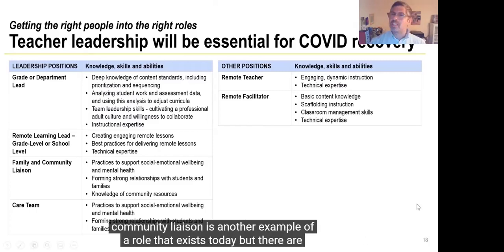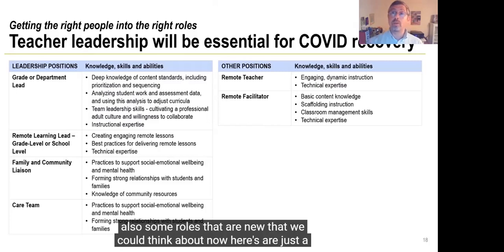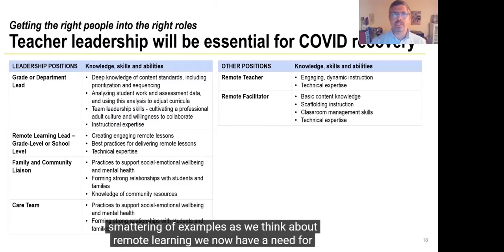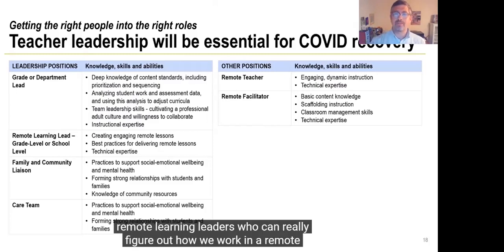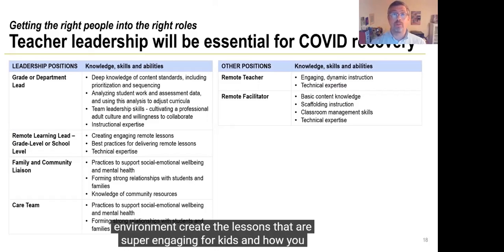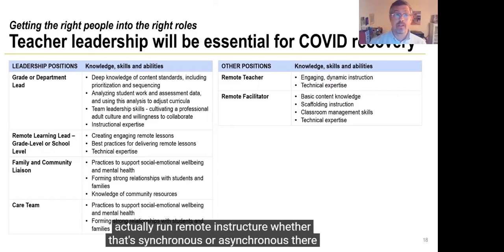Family community liaison is another example of a role that exists today, but there are also some roles that are new that we could think about now. And these are just a smattering of examples. As we think about remote learning, we now have a need for remote learning leaders who can really figure out how we work in a remote environment and create lessons that are super engaging for kids, and how you actually run remote instruction, whether that's synchronous or asynchronous.